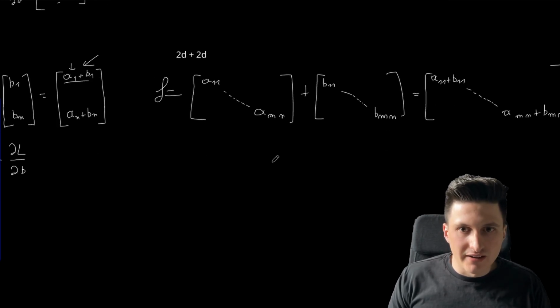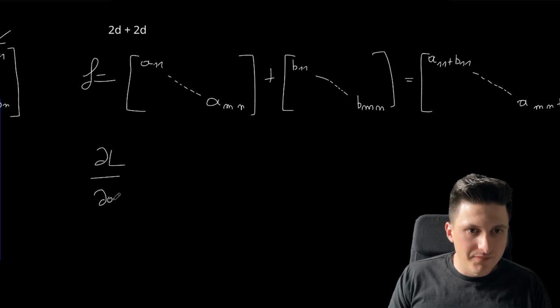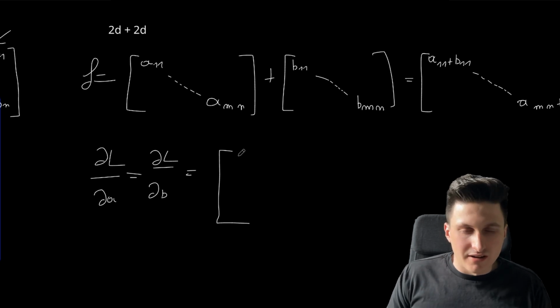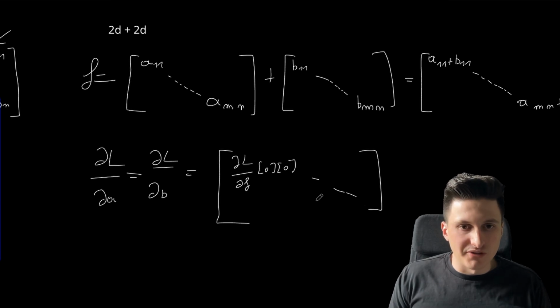And once again, you can see that the derivative of the loss with respect to a will just be the same as the derivative of the loss with respect to b, and that will just be a matrix in which we are once again just propagating the derivative of the child tensor on each position.